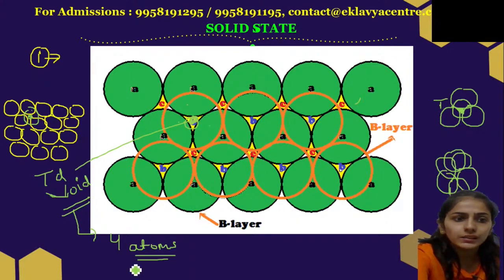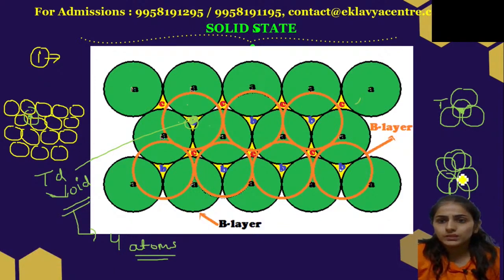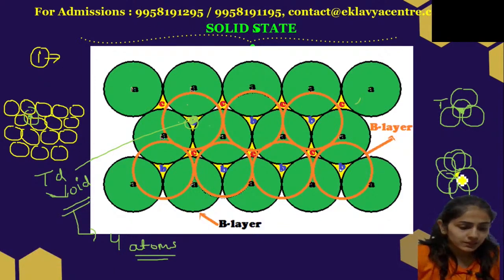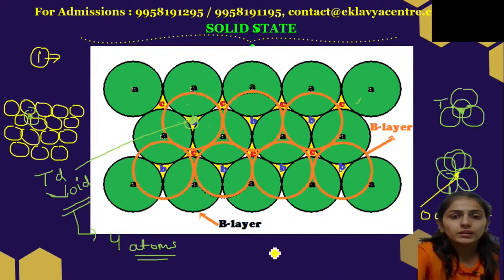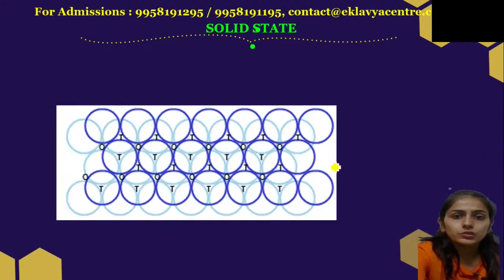Now can you see a gap here? Can you identify a gap made because of these 6 spheres? This gap is an octahedral void, because these voids are made by 6 spheres. Is it clear? I'll draw it again. I'll show it to you.